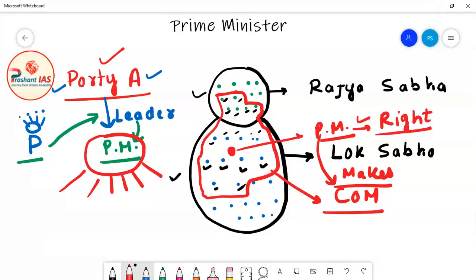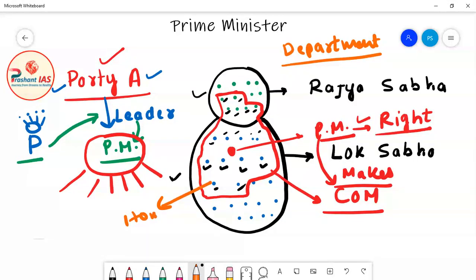And friends, after choosing the ministers, what will the Prime Minister do? Then the Prime Minister will distribute different portfolios. Portfolios means different departments, that is, different ministries, to the ministers. For example, the Prime Minister has decided that this person will become Home Minister, so he will become Home Minister.